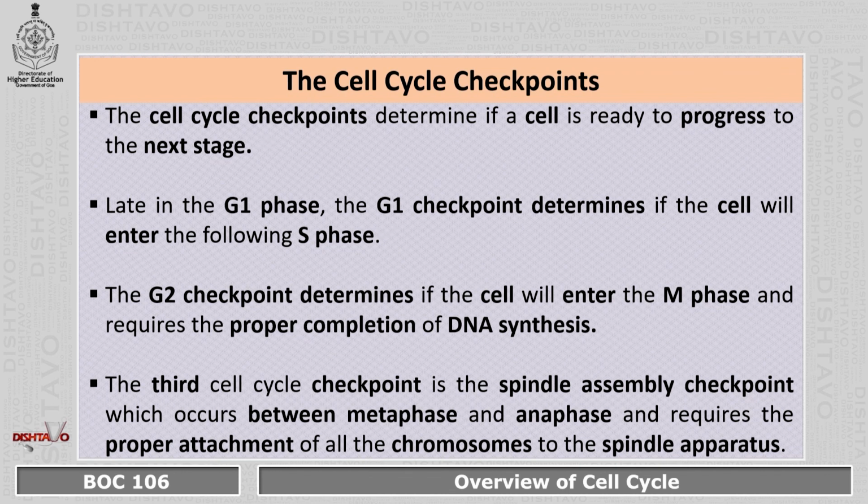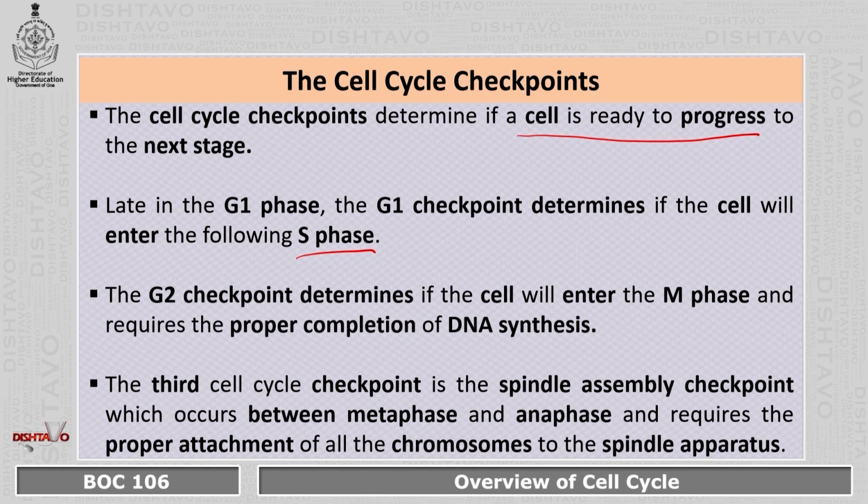The cell cycle checkpoints. The cell cycle checkpoints determine if a cell is ready to progress to the next stage. Late in the G1 phase, the G1 checkpoint determines if the cell will enter the following S phase.